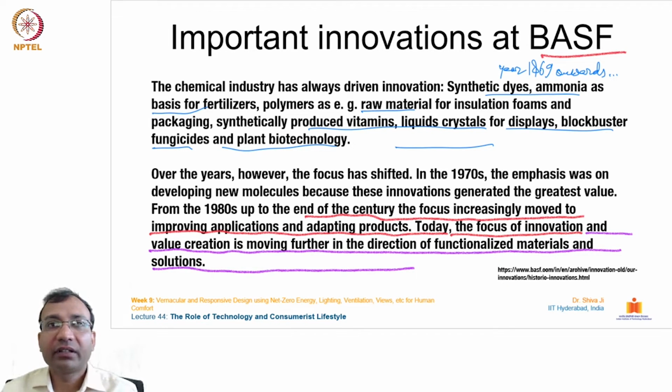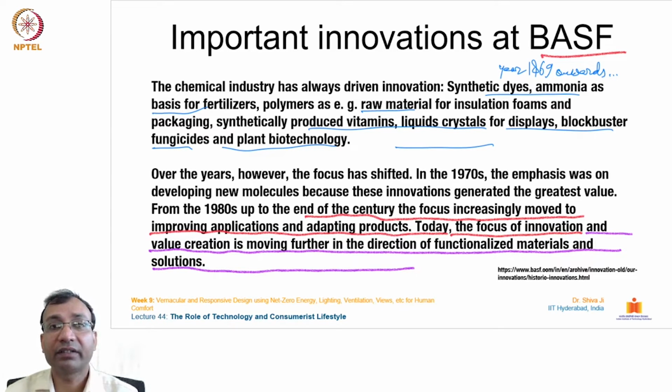From the year 1869 onwards, the chemical industry has always driven innovation: synthetic dyes, ammonia as a basis for fertilizers, polymers, raw materials for insulation foams and packaging materials, synthetically produced vitamins, liquid crystals for displays, blockbuster fungicides and plant biotechnology. Over the years, however, the focus has shifted.